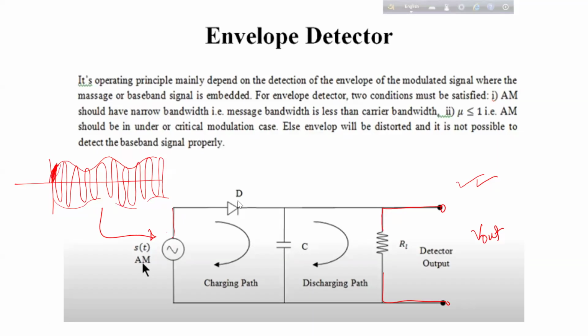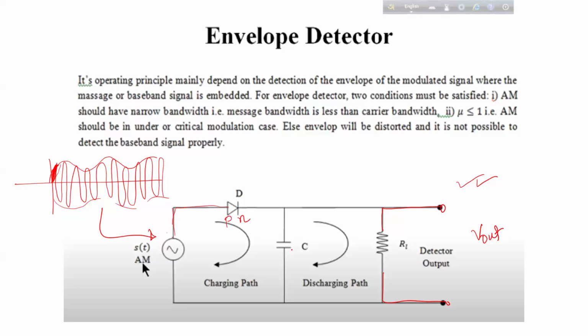So the diode, this is the P terminal and this is the N terminal. So the P terminal of the diode is connected with a positive voltage and the N terminal of the diode is connected with, say for example, ground, because there is no charge.